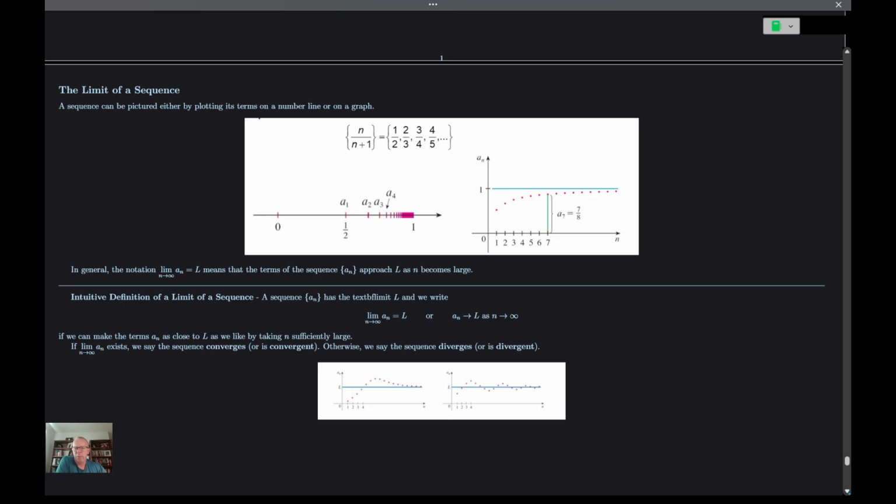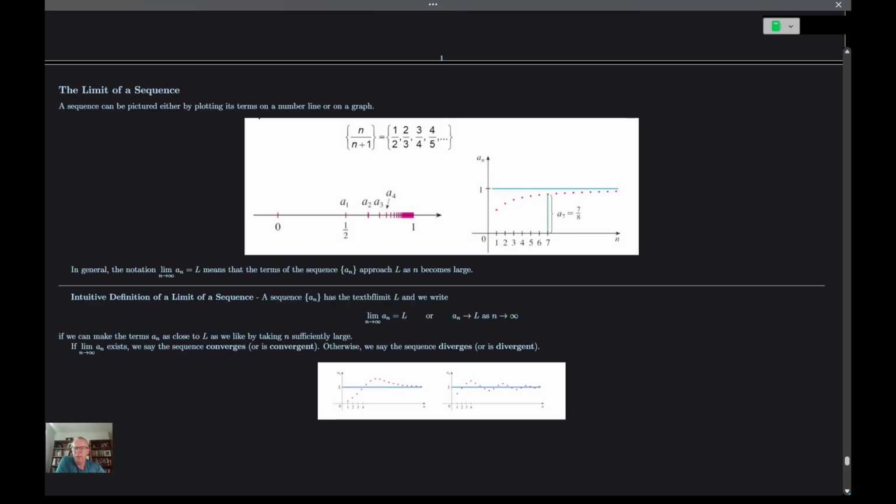So, for instance, for this one, n over n plus 1, we get 1/2, 2/3, 3/4, 4/5, 5/6. The 100th term would be 100 over 101. If you plot these on a number line, you can see what's happening. They're getting closer and closer together, and we're never going to get above 1. You can see it also on a graph.